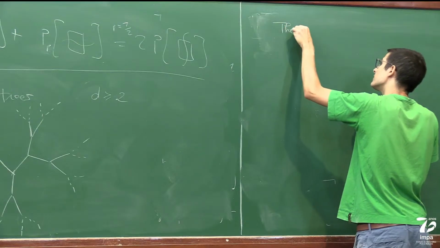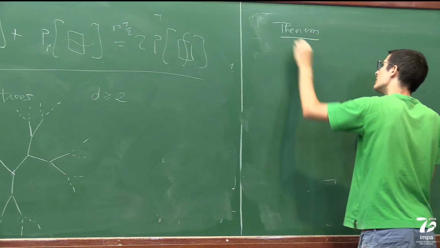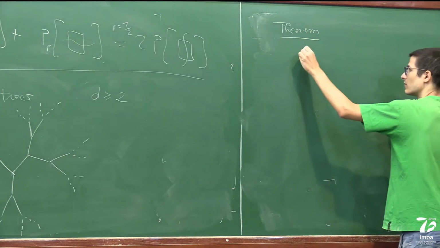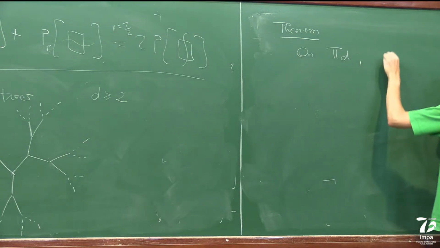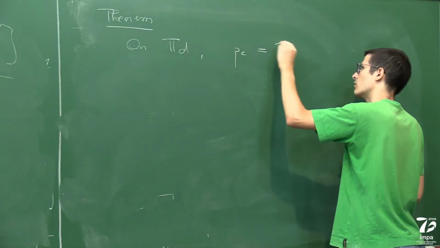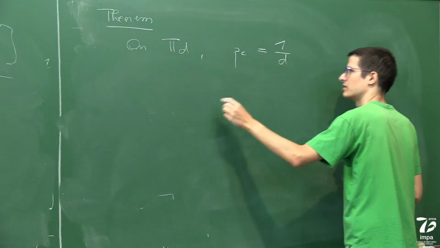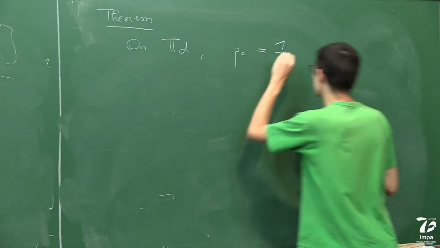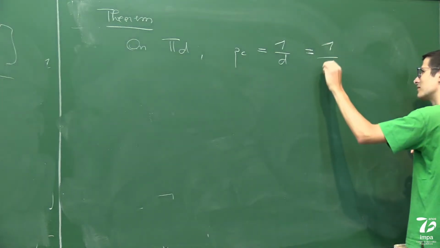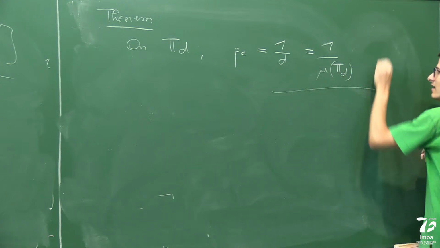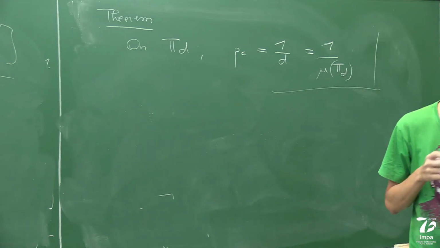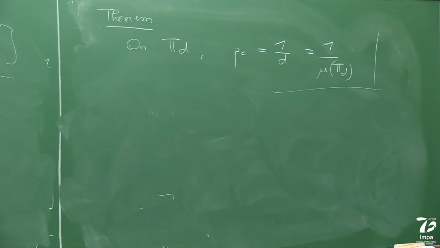Theorem: on T_d, we have p_c equal to 1 over d. And this is also 1 over the connectivity constant of the tree.